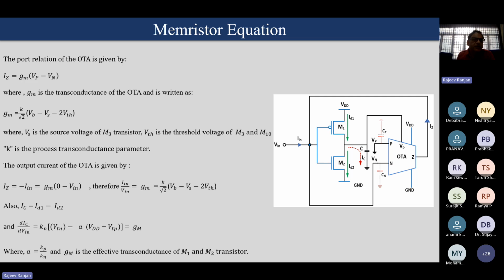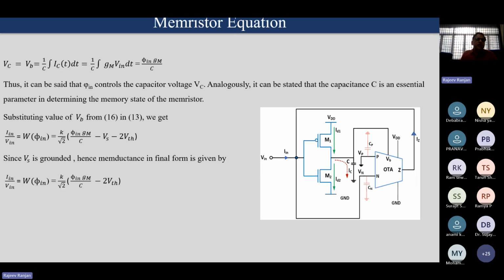Differentiating, you will get this expression of the memductance. Thereafter Vc equals VB equals 1 upon C integral of Ic dt. Integrating, we get phi upon Gm upon C. Thus it can be said that we have fine control of the capacitor voltage in this circuit, and capacitance is an essential parameter in determining the memory of the circuit.